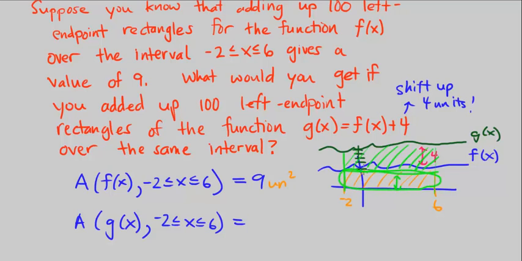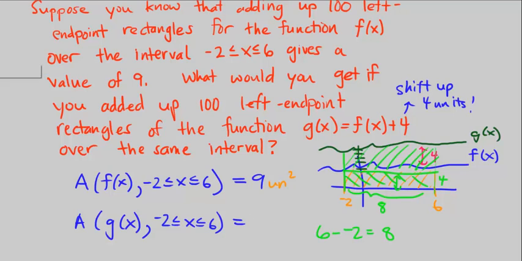We have a rectangle that has height 4 and base from -2 to 6. What's the distance there? 6 minus -2 is equal to 8. This is a base of 8 and a height of 4, so we're adding to our previous area a rectangle of height 4 and base 8.